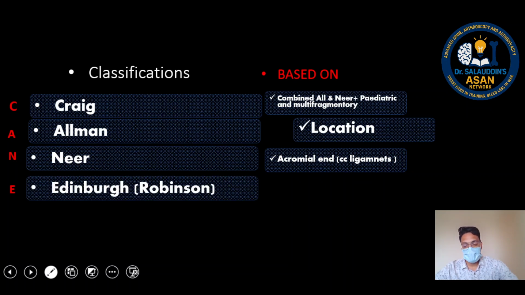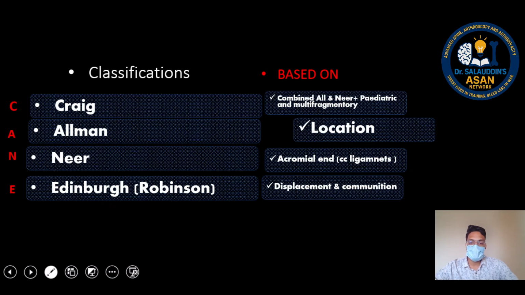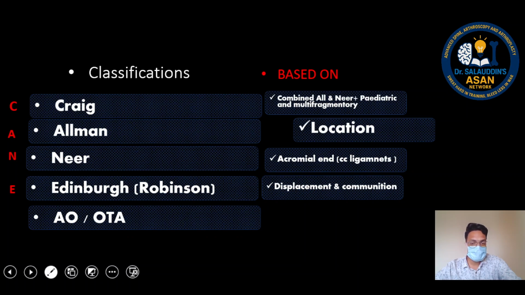E stands for the Edinburgh or Robinson classification, which is based on displacement and comminution of the clavicle fracture. Finally, we also include the universal AO classification system, which is based on alphanumerical naming of the bone.